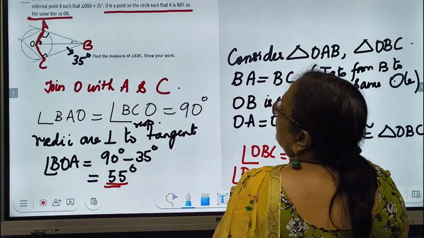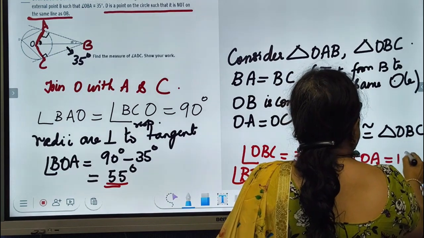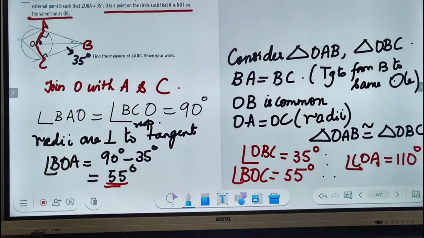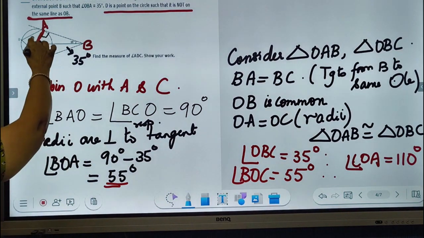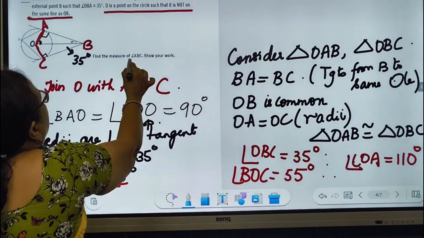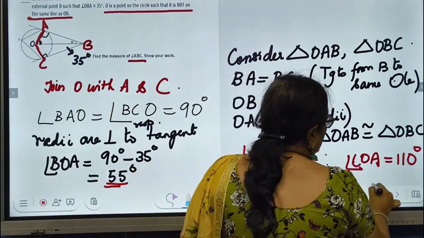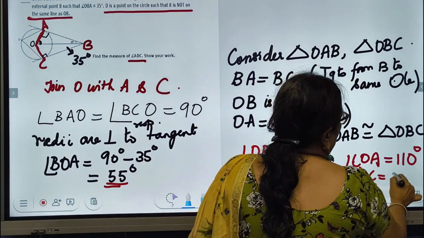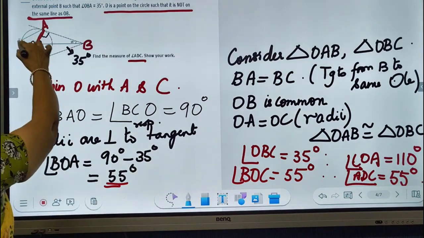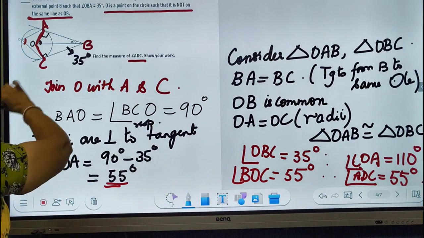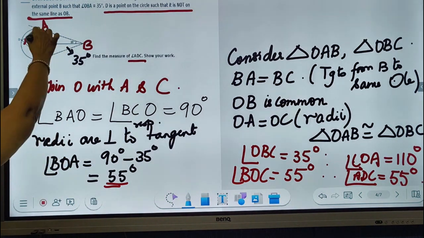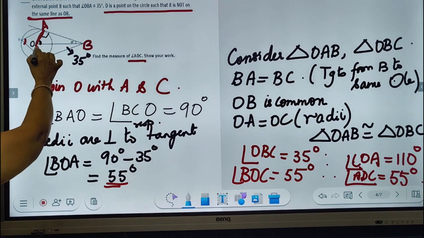Angle COA is 110. But you know that the angle at the center is always twice the angle at any other point. Therefore, if this is 110, there should be half of it. Therefore, angle ADC equals 55 degrees. This arc subtends 110 degrees at the center.